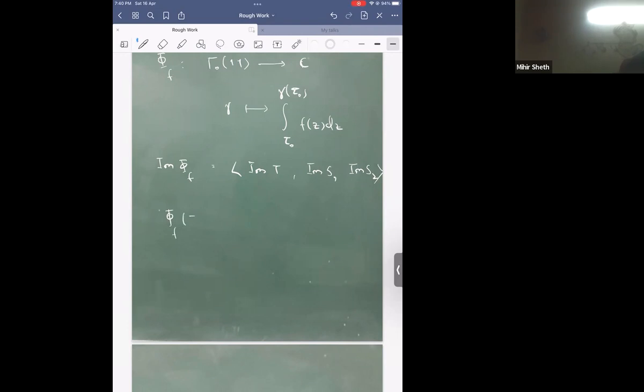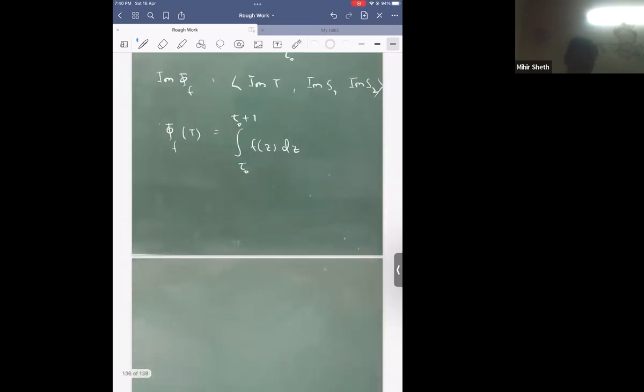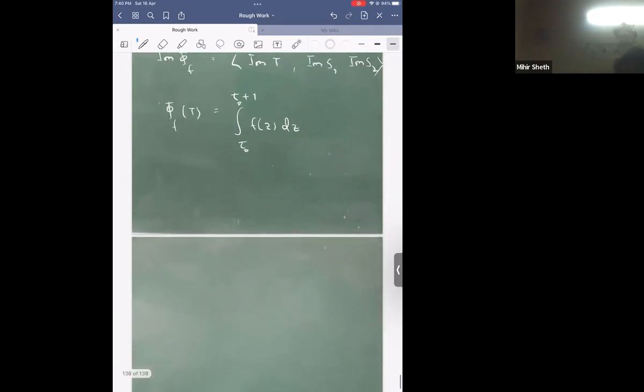Indeed, phi_f of T is the integral from tau_0 to T acting on tau_0, but T is a translation by 1, so that is tau_0 plus 1. So the integral from tau_0 to tau_0 plus 1 of f(z) dz. Why is this 0? Well, f is a cusp form.